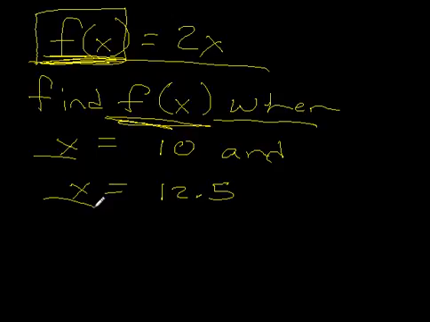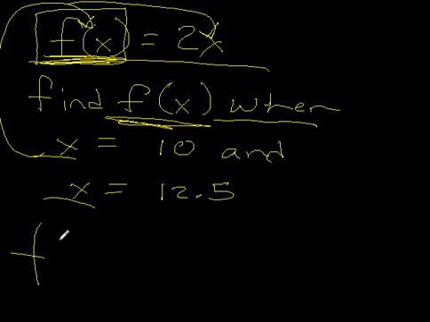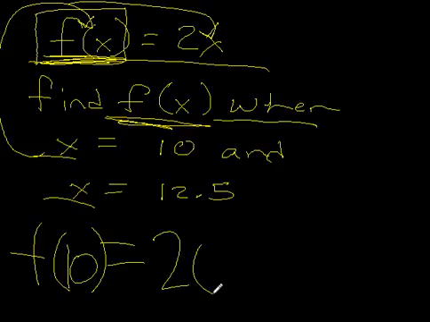So all you're going to do is substitute x back into f of x for both. So when x equals 10, f of 10 equals, when I substitute 10 into x, 2 times 10. 2 times 10 is 20.